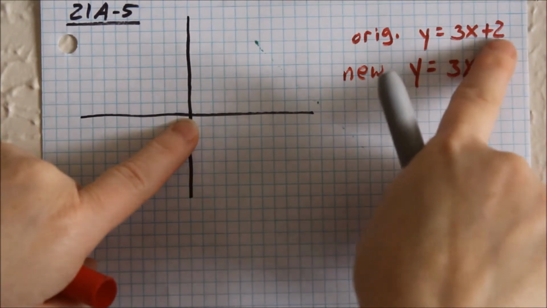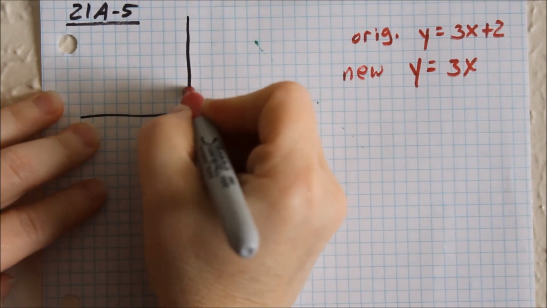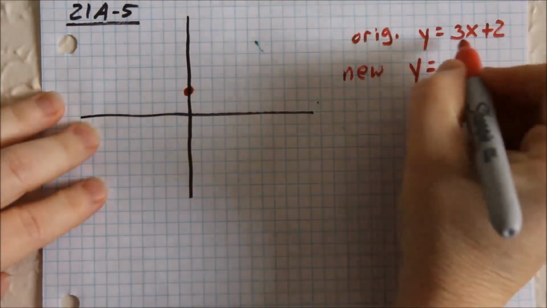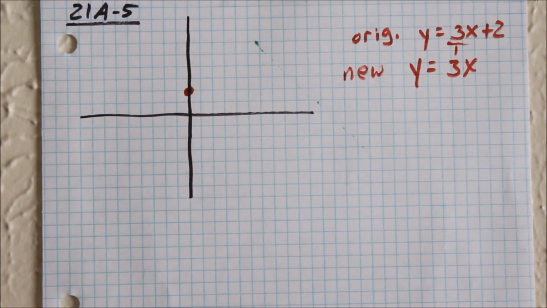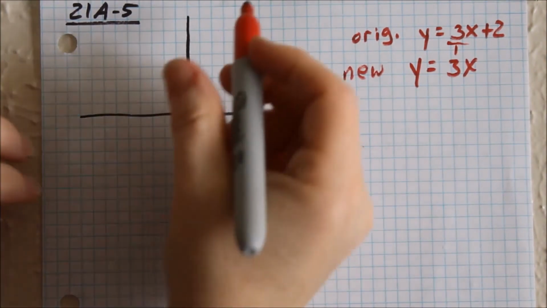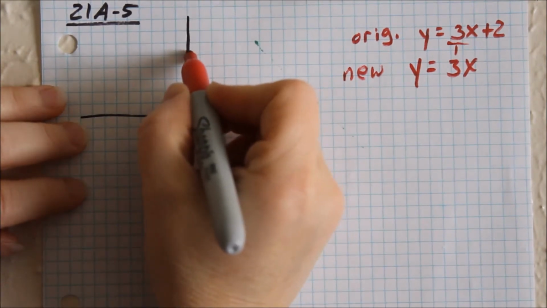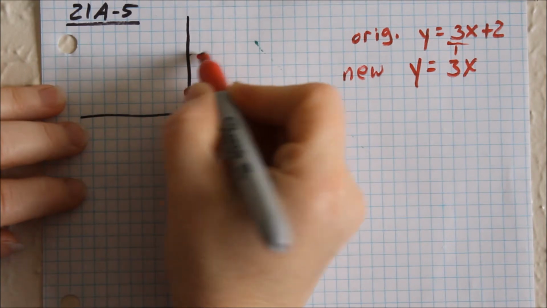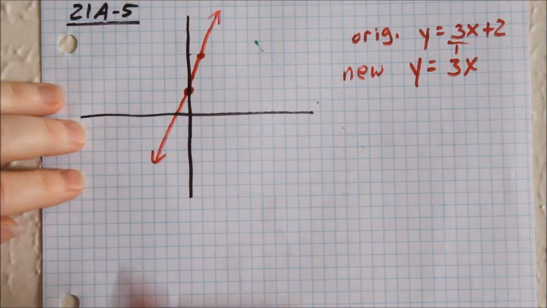Starting from the origin, my y-intercept is a positive 2, so you go up 1, 2. Then my slope is 3. You can make any number a fraction by putting it over 1. So I can make my slope 3 over 1, rise over run. So from my y-intercept, I can count up 3, 1, 2, 3, over to the right, 1. That is my original line.